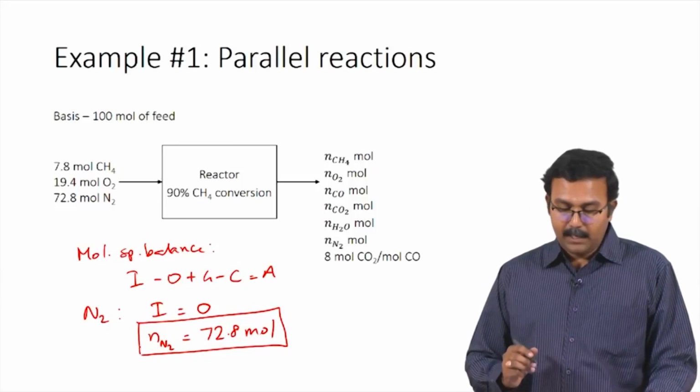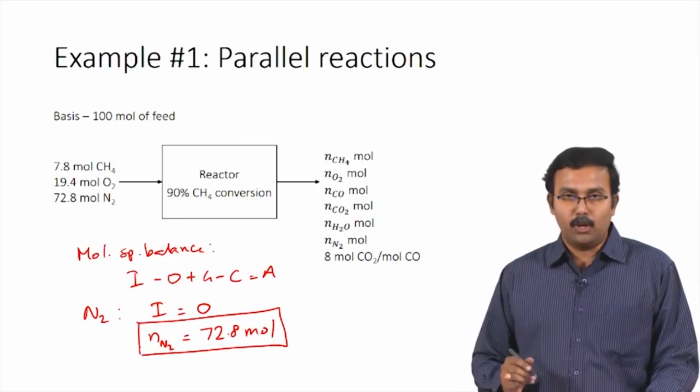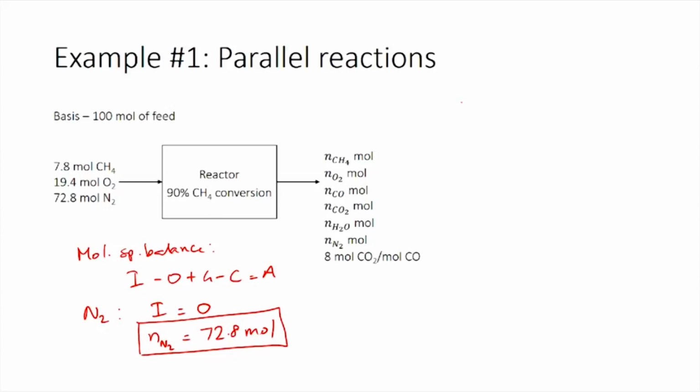Now, we can write the balance equations for the other components. Let us start with the methane balance. Again, input minus output plus generation minus consumption equals accumulation, with no accumulation at steady state. Methane is a reactant, which means there is no generation of methane.